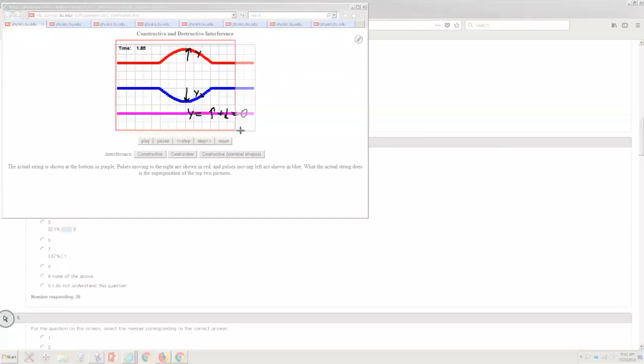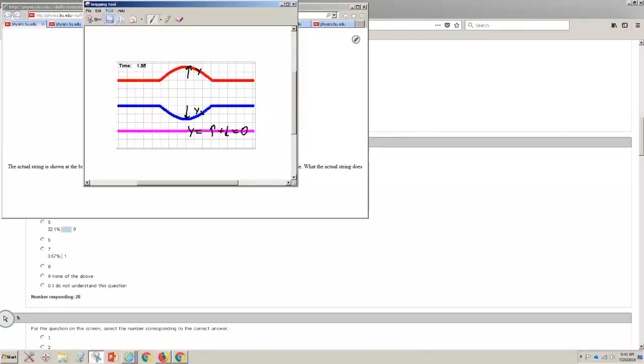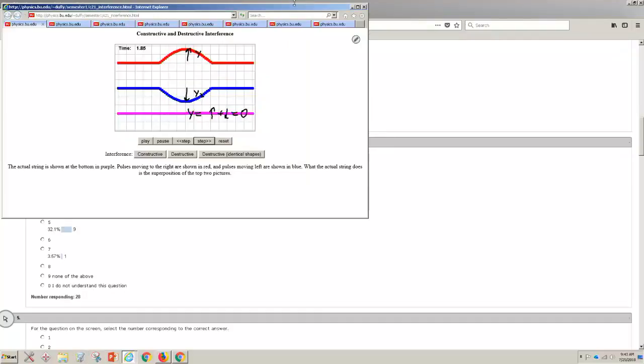So what are we going to see in a fraction of a second? Well, again, two pulses traveling away. If we understand what is happening to pulses, we understand what's going to happen to the whole wave.